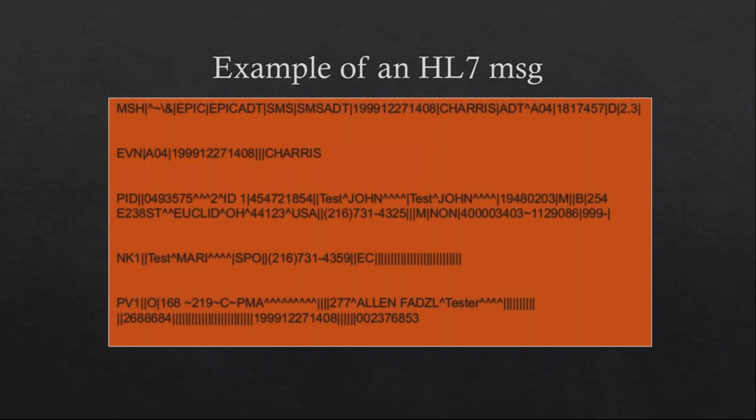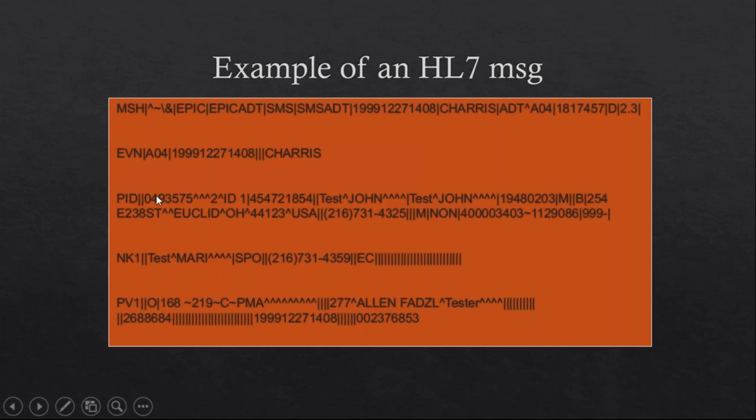If you look at the information here, we have test John, which is the name of the patient. As we see, we have many compartments which are nothing but the fields. The first field is empty, the second field has some data, the third field has some data, the fourth field has some data, the fifth field has some data, and we have test John.